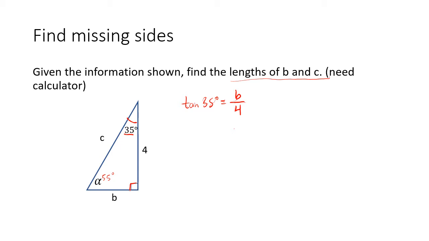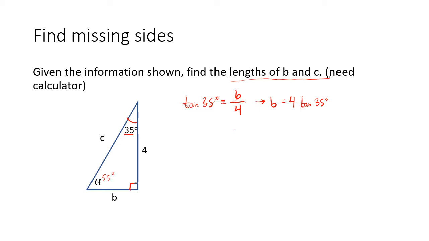So we could rearrange it, and we can say, all right, then b is equal to 4 times the tangent of 35 degrees. Now, 35 degrees is not one of our nice angles on the unit circle, so we don't know the value of the tangent of 35 degrees. But we can use a calculator for that, so it's no problem.